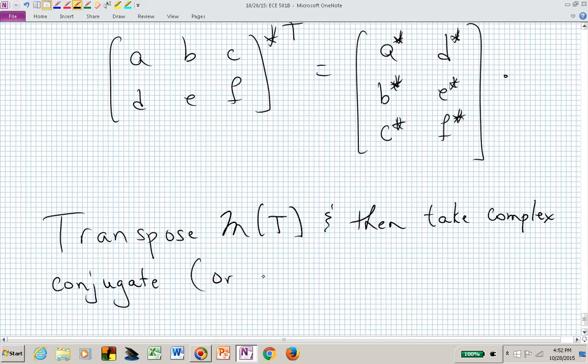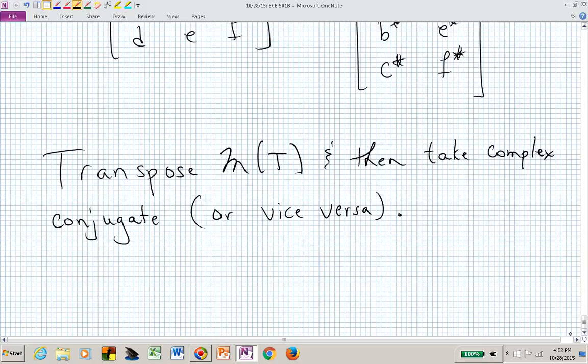Or you could do the opposite. You could complex conjugate all the entries and then transpose. Let's look at an example.